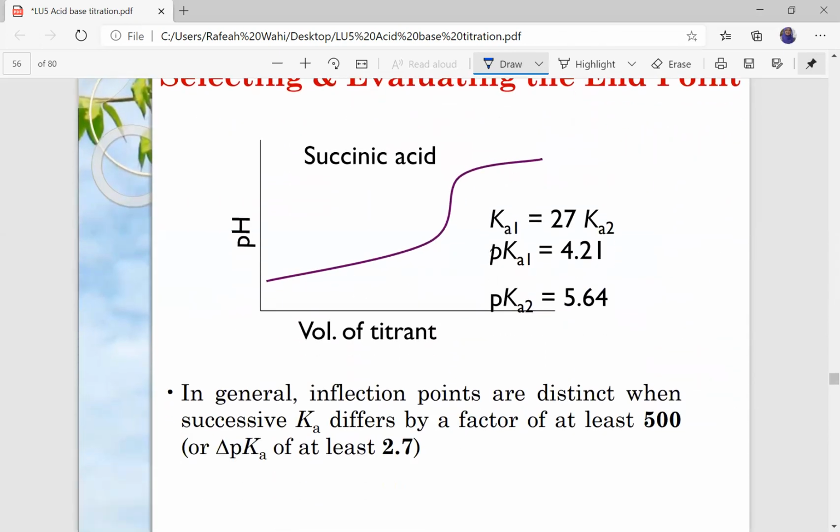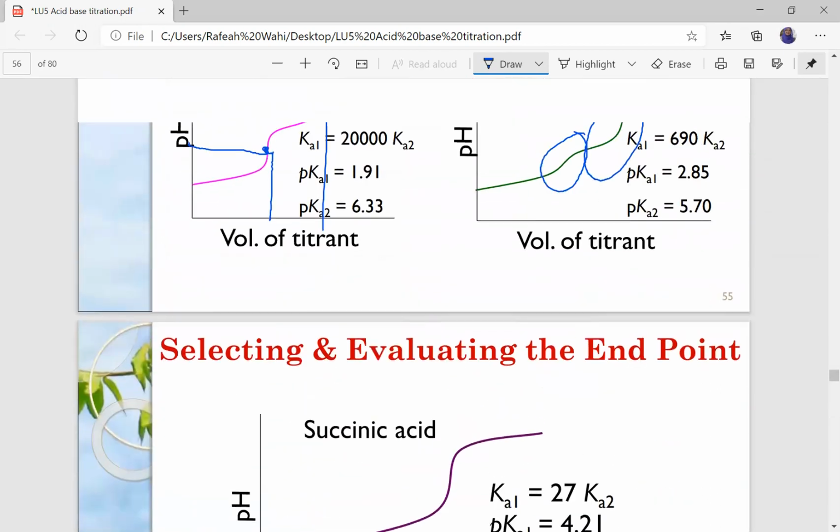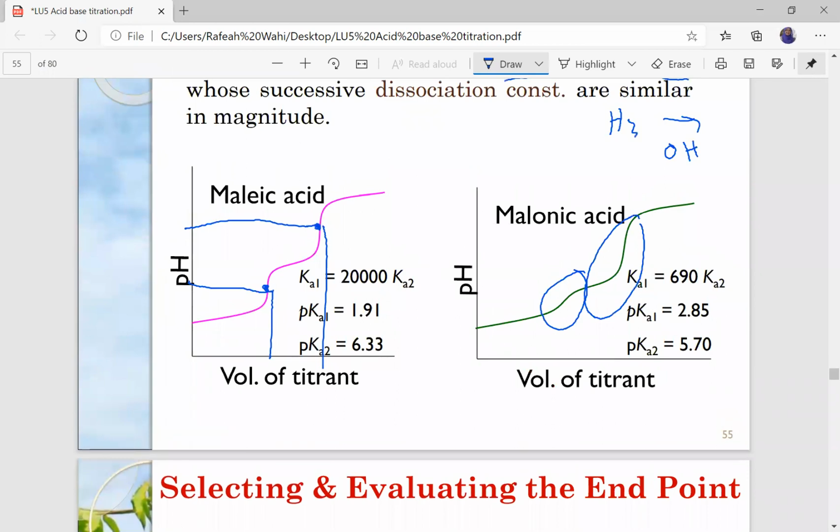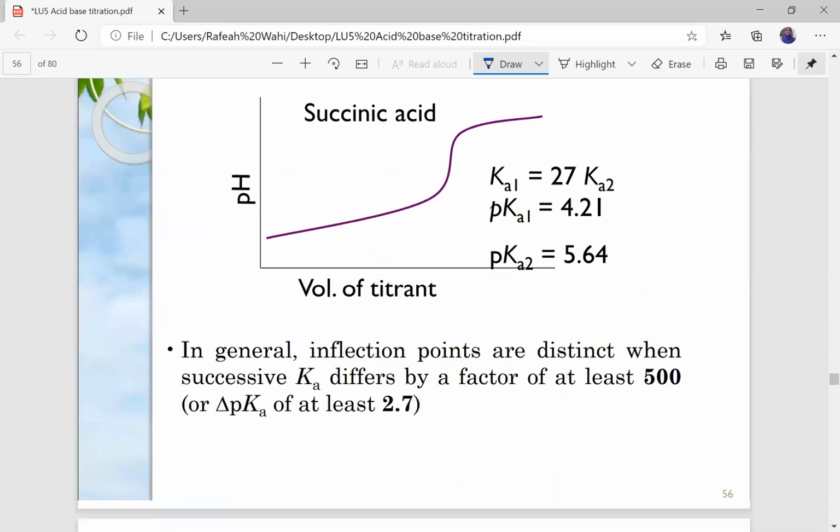In general, inflection points are distinct when successive Ka differs by a factor of at least 500. So if we have less than that, it will become like this titration curve, whereby it's difficult to determine the equivalence point.